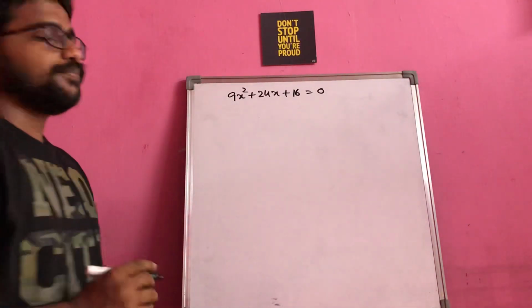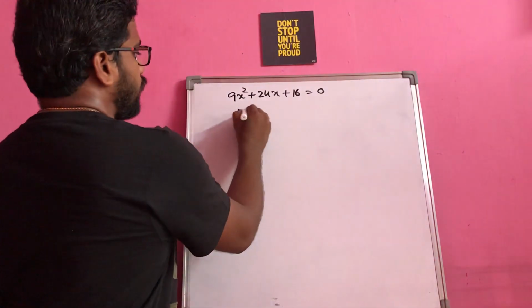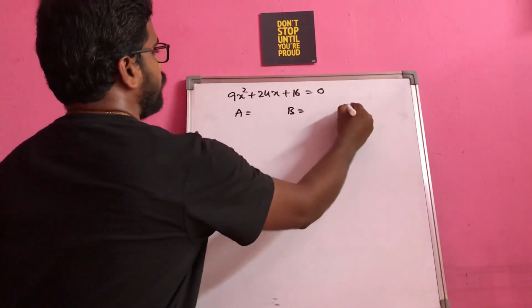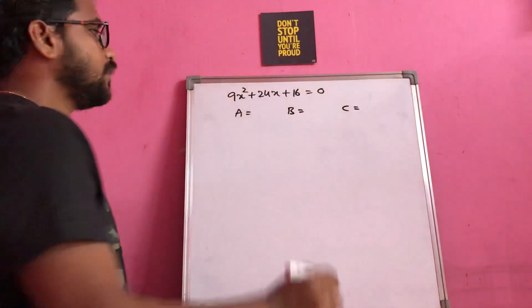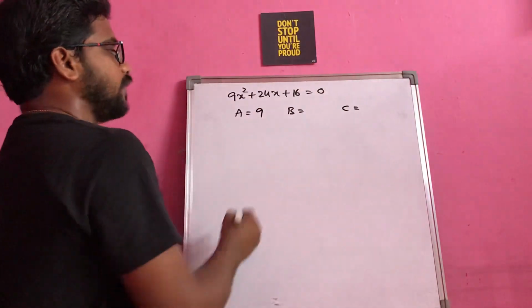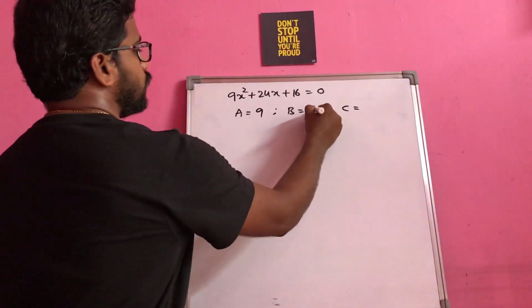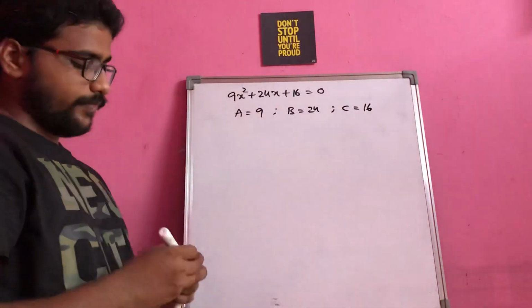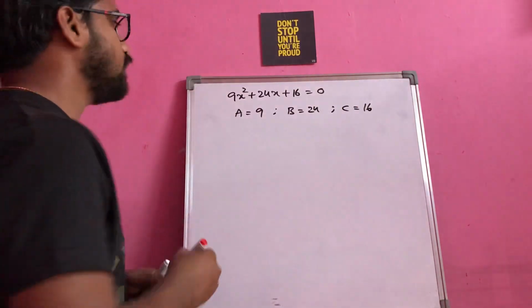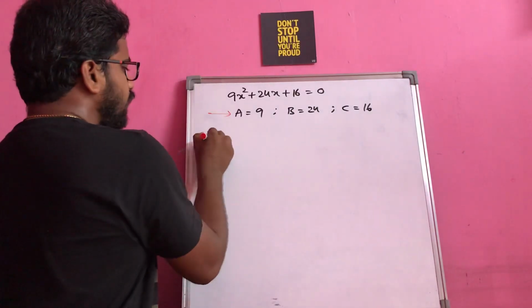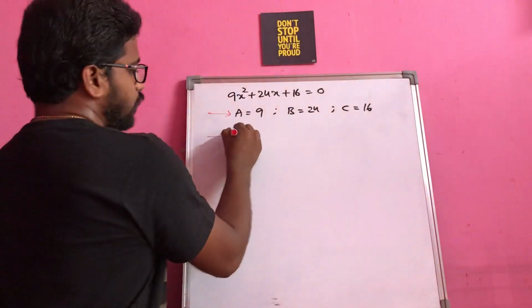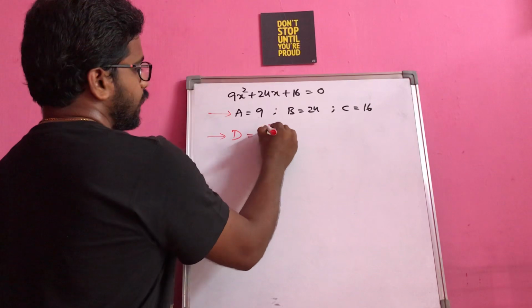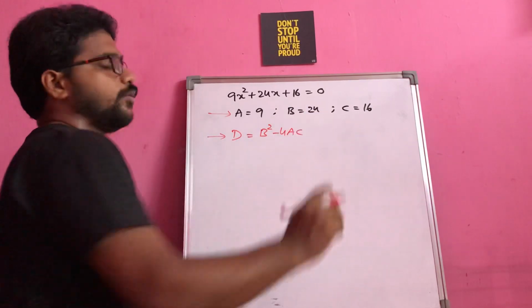First step, please identify the value of a, b and c. So a is the coefficient of x square, 9; b is the coefficient of x, 24; c is the constant, 16. This is our first step. Next, you have to find the value of capital D, that is b square minus 4ac.